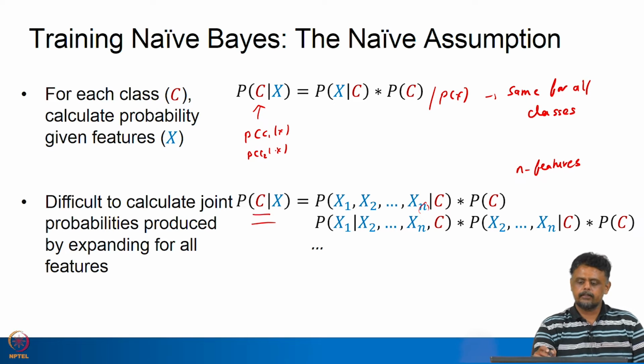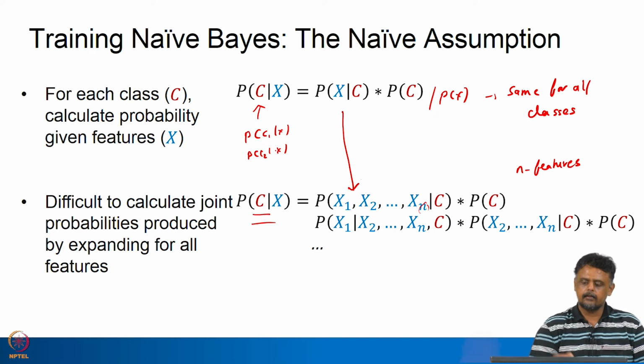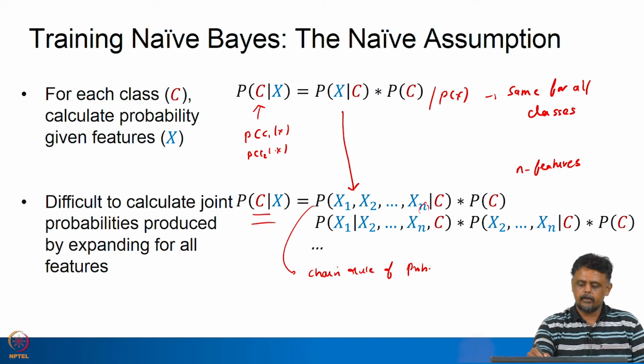So, we can explicitly write this as p of x1 to xn given c times p of c, and then we apply the chain rule of probability to this particular expression, p of x1 to xn given c, which we can then write in this form. If you look at it, we have taken x1 as an individual variable and then grouped x2 to xn as one variable.